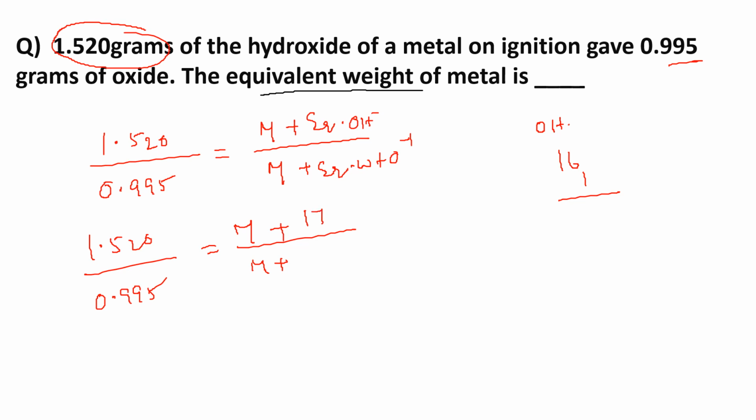The equivalent weight of hydroxide is 17. For the oxide, oxygen O, that is 8, 8 plus 8, 16, the metallic oxide, divided by 18. So the final answer, the equivalent weight of the metal, is 9.